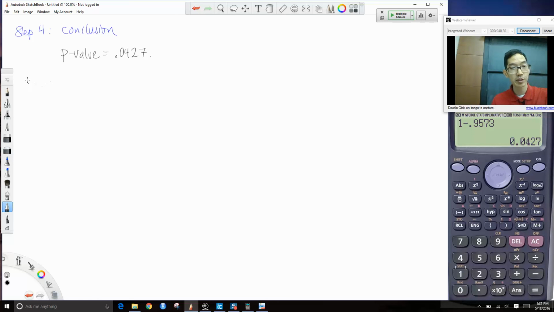So do you guys remember the definition of the p-value? The p-value is the probability of observing our data or something more extreme if the null hypothesis were true.